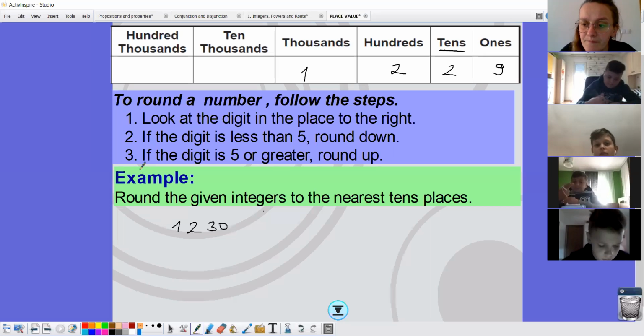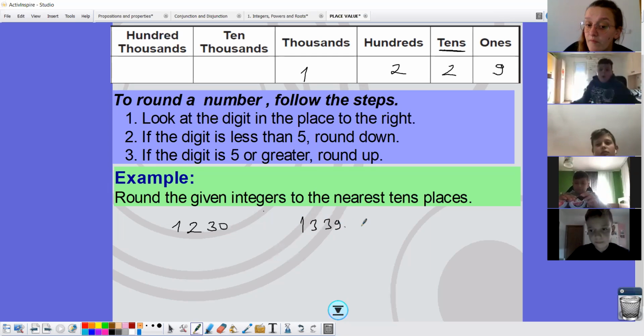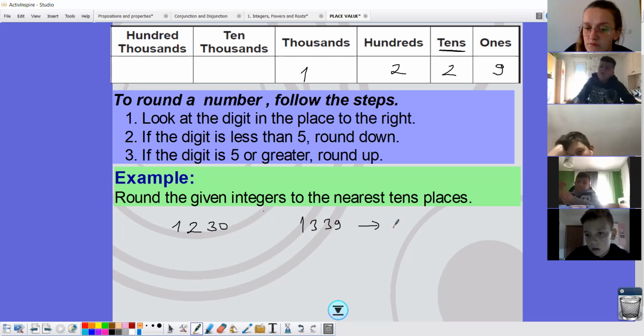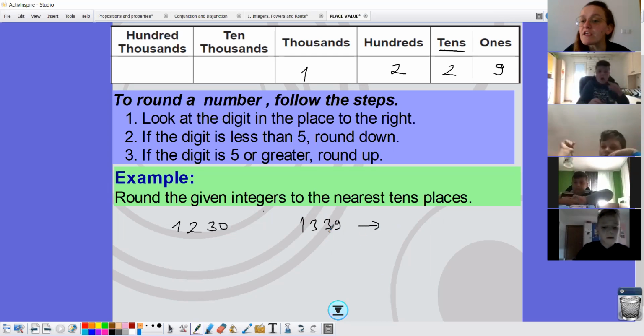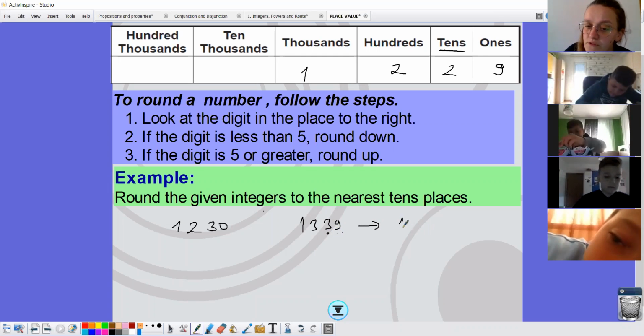Example, 1339. It becomes 1340. If we are rounding to the nearest 10, this is 40.